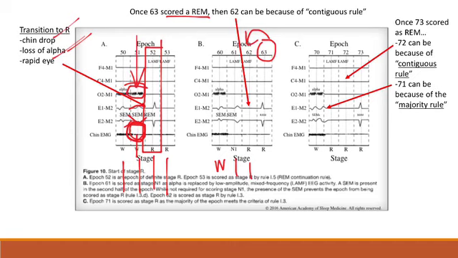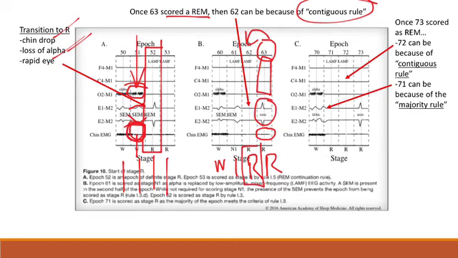However, when I get to epoch 63, everything changes because now I have the low chin tone, my eye movements are rapid eye movements, and I have the low amplitude mixed frequency in my EEG, all qualifying for REM. So then, based off the contiguous rule, I can go back and rescore this as stage R. That's because by this contiguous rule, I can go back to the previous epoch and call it stage R, as long as it didn't meet the criteria for any other stage of sleep.